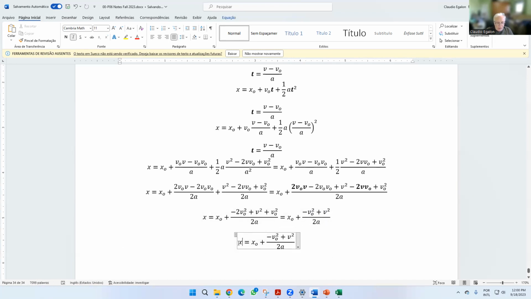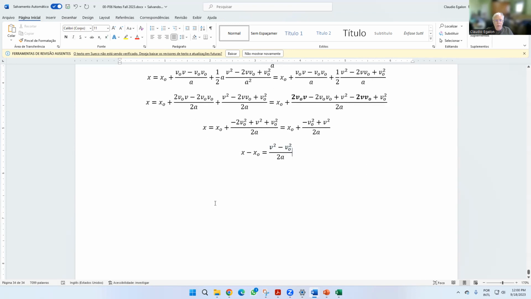So let's finish here. I'm going to pass the x naught to the other side. I have an equal sign here. I'm going to move this minus v naught squared to the other side in the numerator. Okay. In the numerator. And finally, we get the following result.